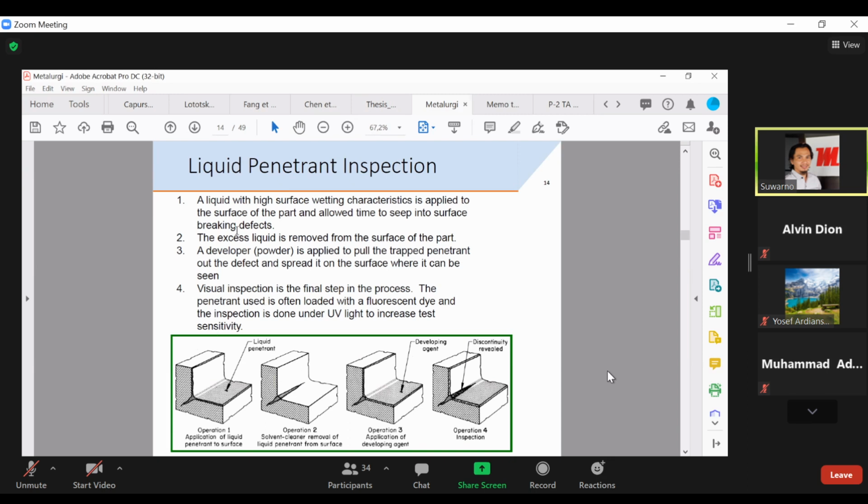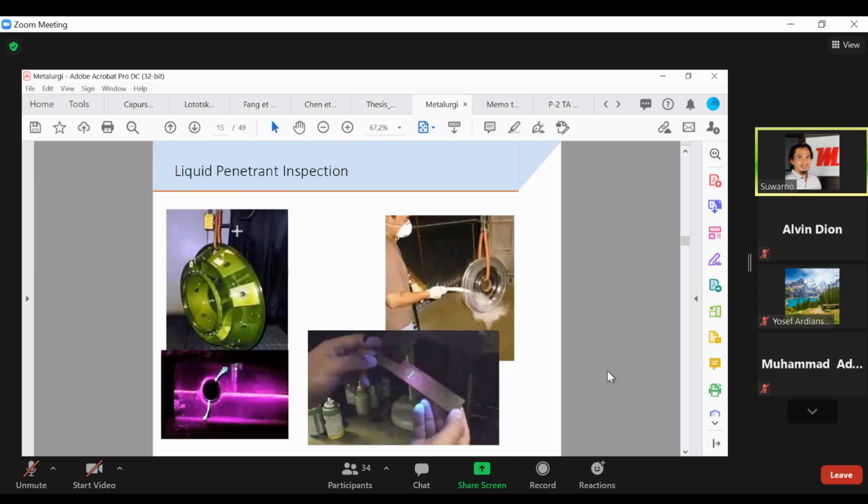It's a kind of powder applied to pull the trapped penetrant out of the defect, so it will be visible to your bare eye. So in number 4, the developing agent is spread on the surface, and then it refills the color. So basically something like that.